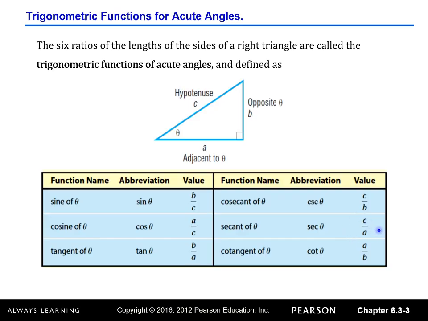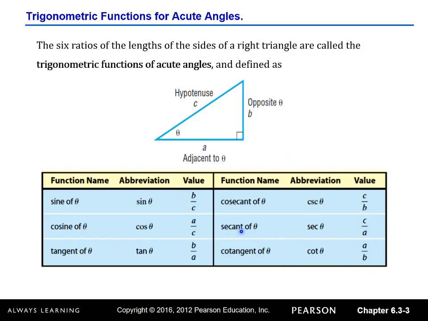And if you notice, this C over A is the reciprocal of A over C. So we can say that secant theta is the reciprocal function of cosine theta. And then lastly, cotangent theta is defined as adjacent over opposite, or A over B.